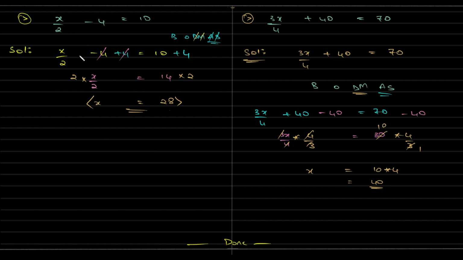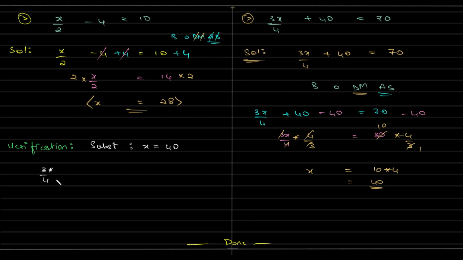I would like to verify at least one of them. Let's verify 3 by 4 x plus 40 is equal to 70 has a solution of x is equal to 40. Okay, how do you verify? If you want to verify something is a solution, I have to what? Can you guess? We need to substitute the x value, being equal to 40, in the given equation.